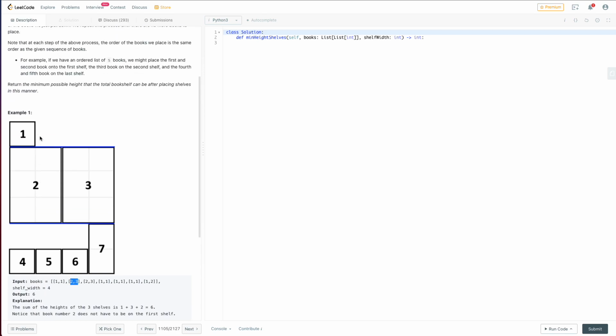Suppose thickness of 2. And then this 2 goes up here, and it's like 3, and then this, and then 4, 5, 6, 7.